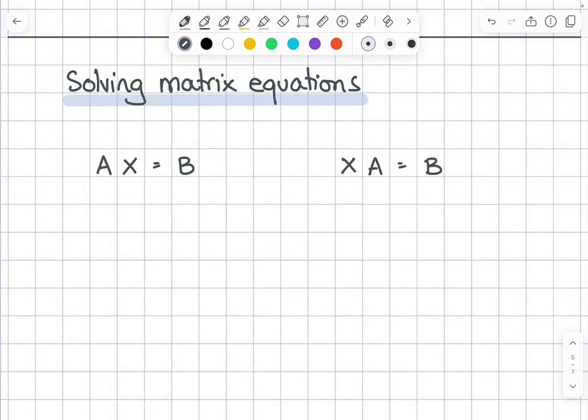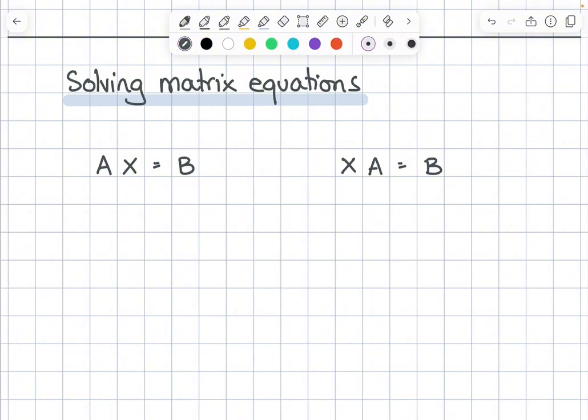Now let's look at how we're going to use these ideas to solve a matrix equation. So I've got 2 situations here. One where my unknown, the X matrix, is my unknown. One where A is multiplying before, so it's a pre-multiplication, and one where it's multiplying afterwards. And we deal with both of these in slightly different ways.